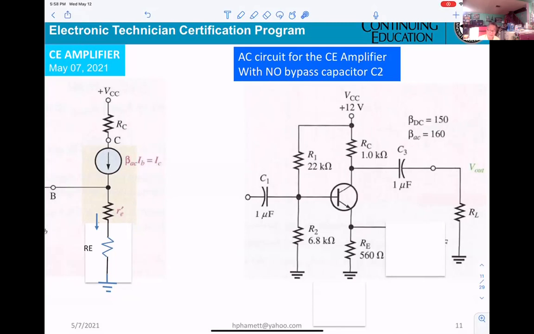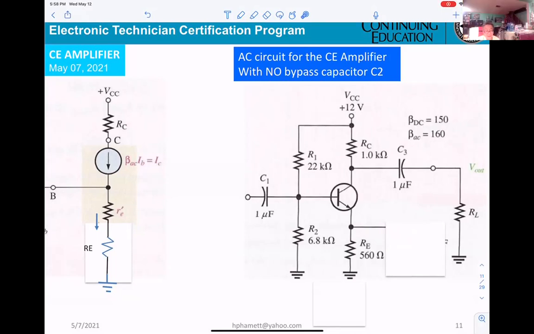Also, I want to mention to you, what happens if you don't have a bypass capacitor? What happens to the amplifier? The AC signal can't go through, right? No. The bypass was to let the AC through, but not the DC.